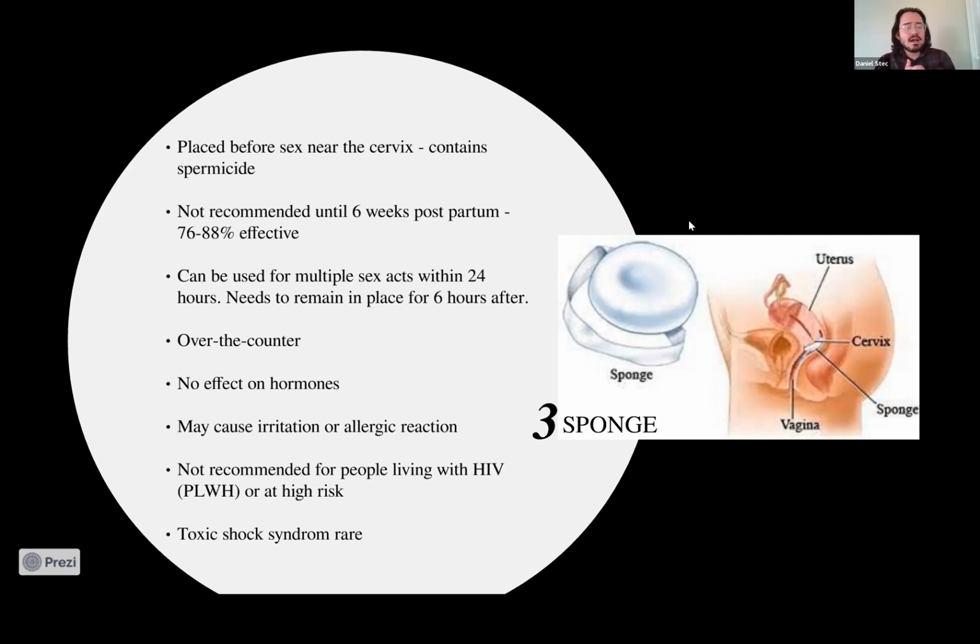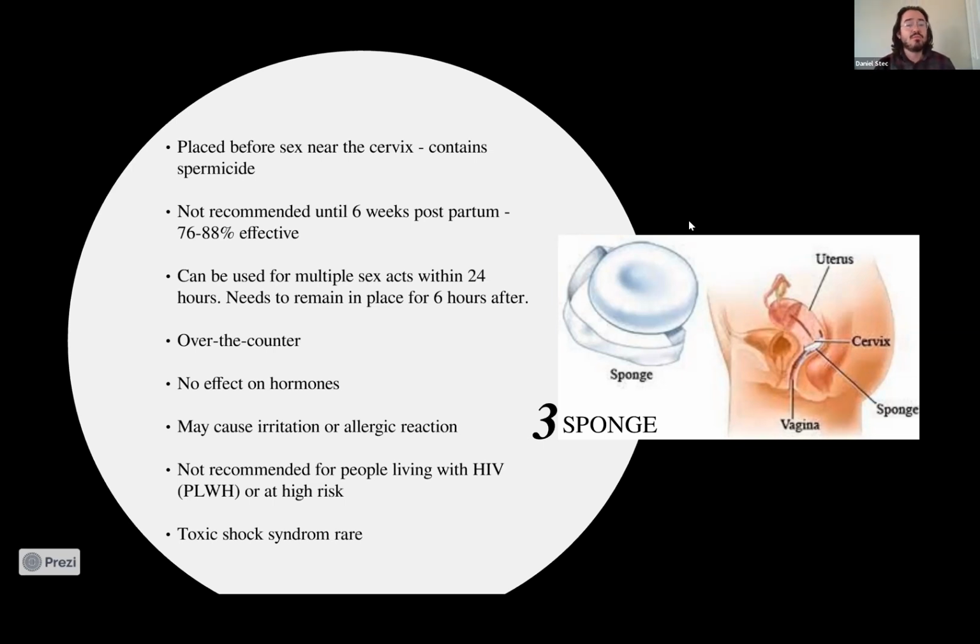This is not recommended until 6 weeks postpartum because of the changes with birth, as the sponge can actually become loose and dislodged and therefore not be effective for preventing pregnancy. Like I said, it does have the spermicide in the matrix of this foam. And so for that reason, it's nice because you don't have to reapply spermicide like you would with one by itself or with some of the other products.